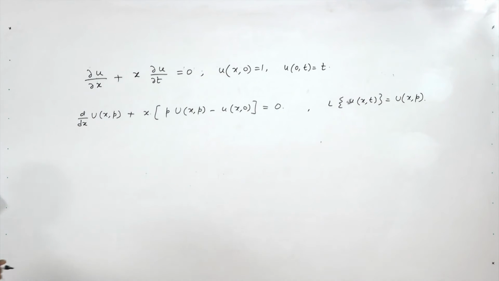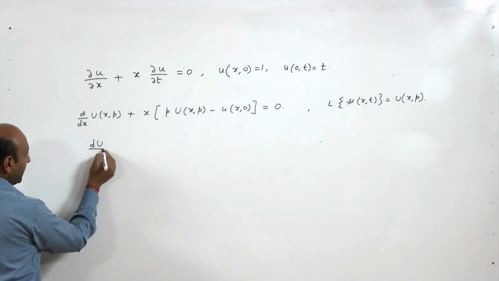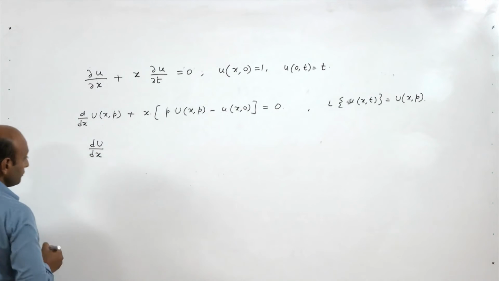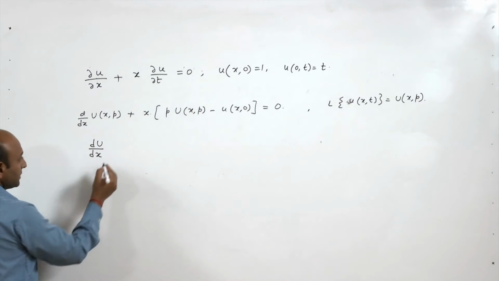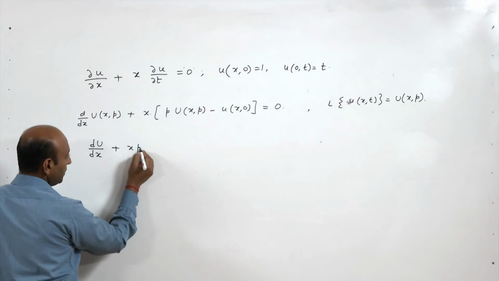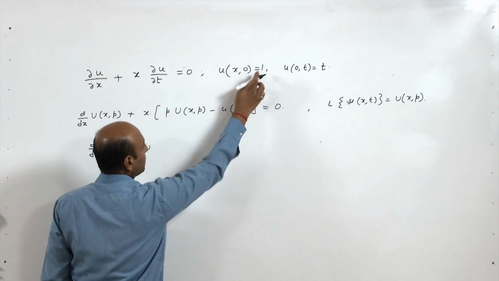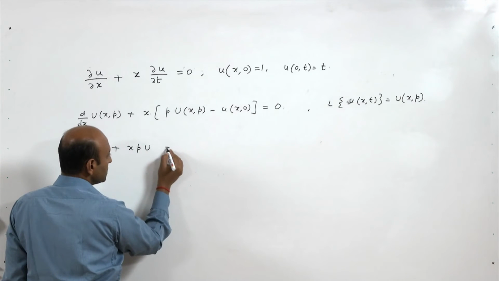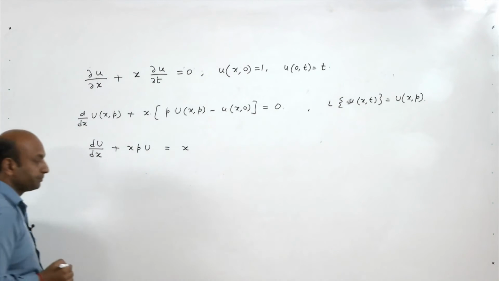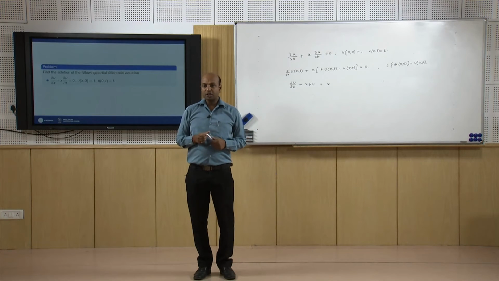Okay. Now, this is nothing but dU by dx, this capital U I am taking like this, plus x into p U, and u(x, 0) is 1. So, when you substitute 1 here and this goes to the right hand side, this is equal to x. So, this is a simple first order linear differential equation.